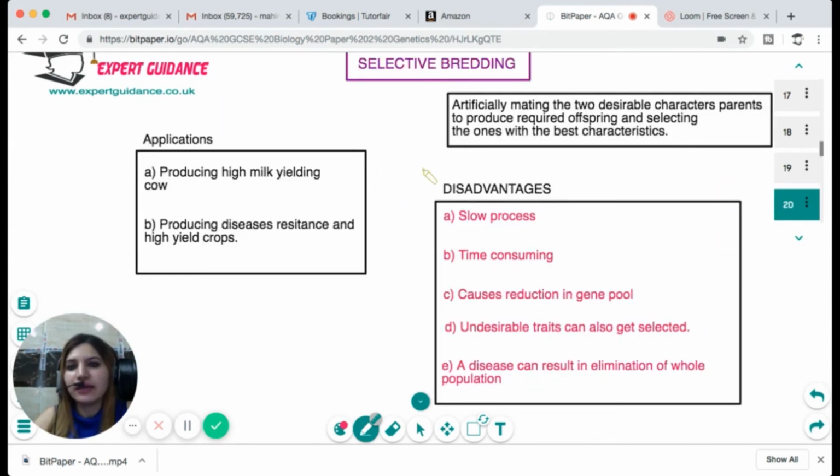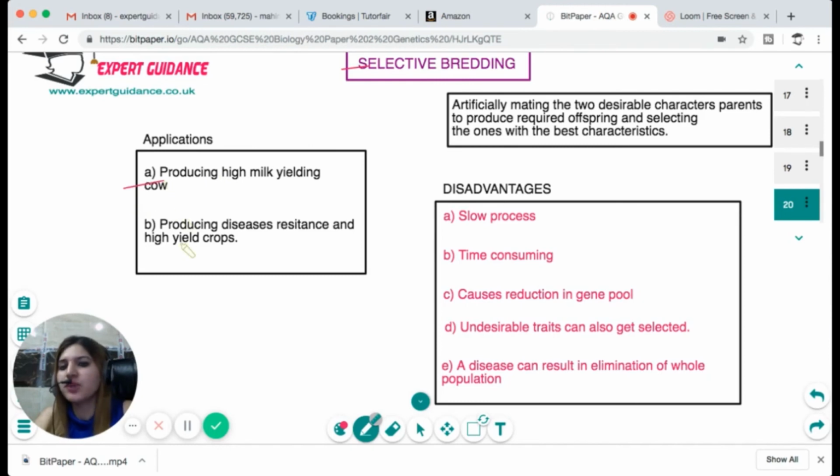Okay, now let's take a very important term called selective breeding. Selective breeding is what has been done since ages, where we artificially mate two parents with desirable characteristics to reproduce and form the required offspring, and then we select the one with the best characters. For example, we can produce a high milk yielding cow.